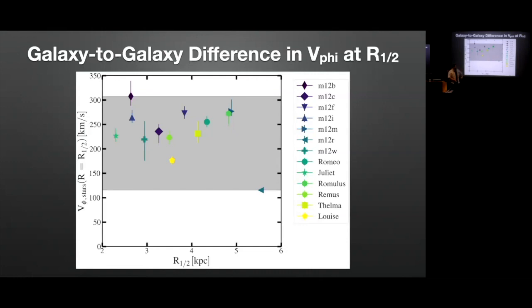So some of these have larger scatter when you look in azimuth, some of them have smaller, and in general, the scatter galaxy to galaxy is larger than the scatter when you look in different directions. And that's how I'm showing that here.